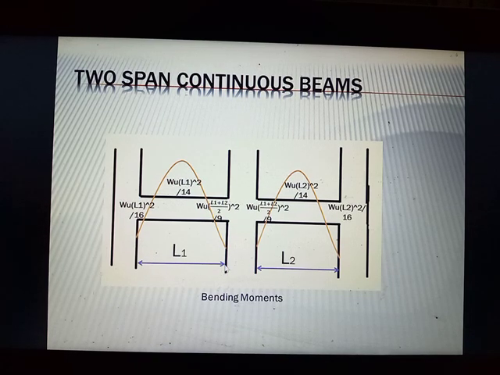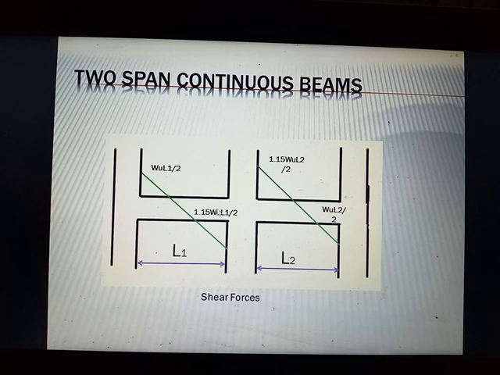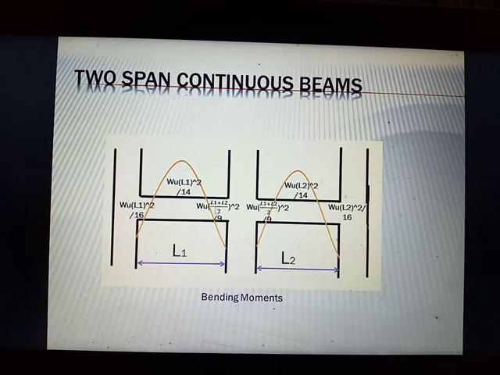This is the left span and the right span. You average that, and that will be the Ln of your interior negative moments, both on this side and this side. Take it as the average of these two adjacent lengths.